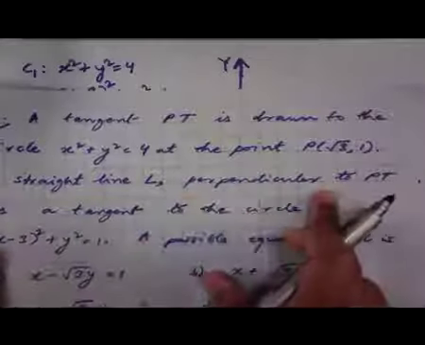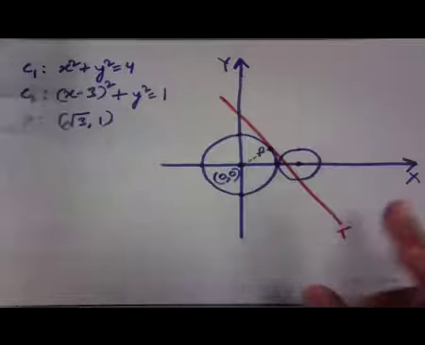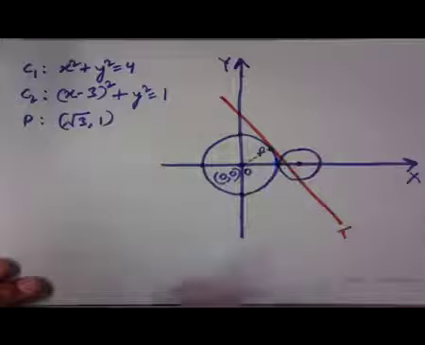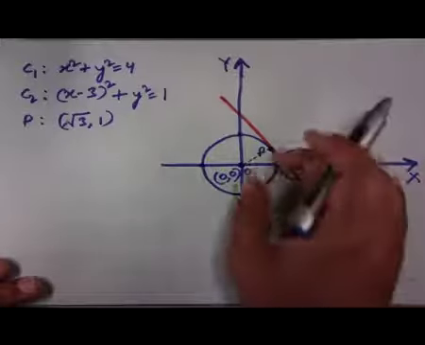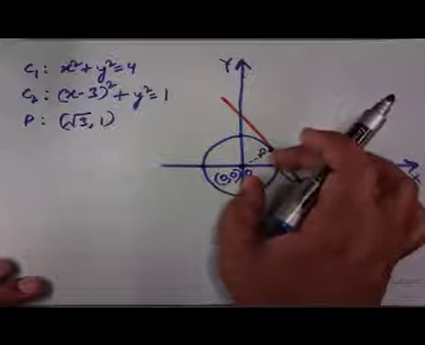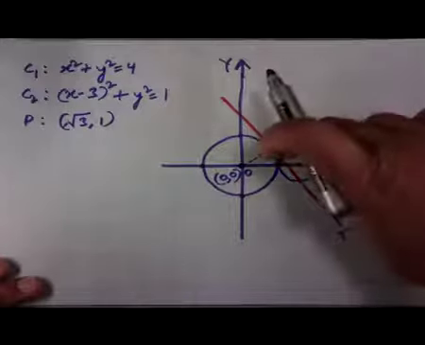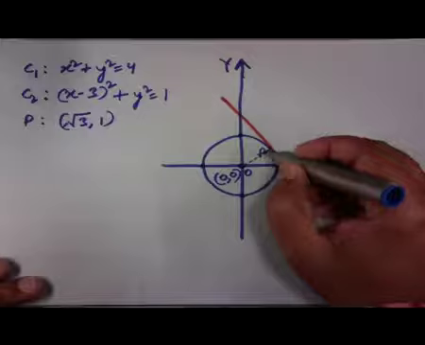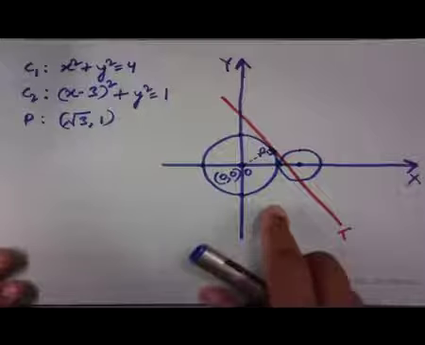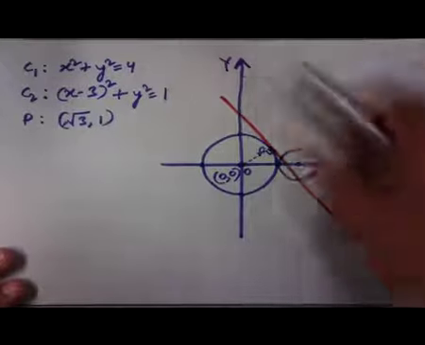When we say that it is perpendicular to PT, what it means is that, let us say O is the origin. Now, we know that this line segment OP has to be perpendicular to PT, because this has to be 90 degrees, because of the property of the tangent itself. And then they said that the straight line L is also perpendicular to PT.